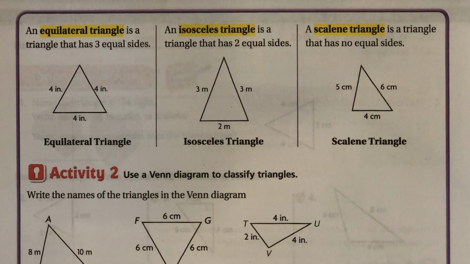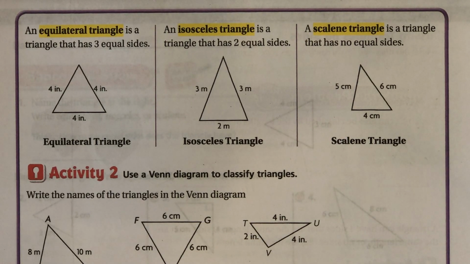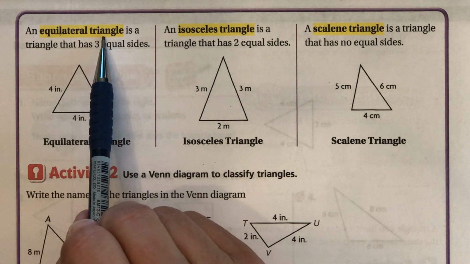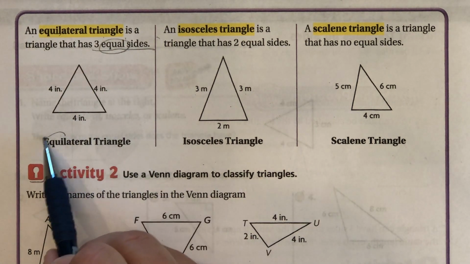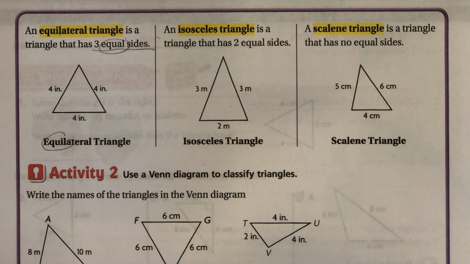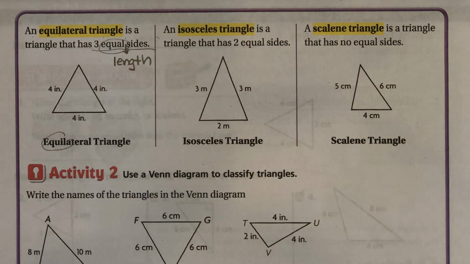So this is when the Go Math program, the Think Central program, was going to teach you the names of the triangles. I tried to give you a pre-lesson on the previous page. Hopefully that will be helpful. An equilateral triangle is a triangle that has 3 equal length sides. They should really have the word length there.